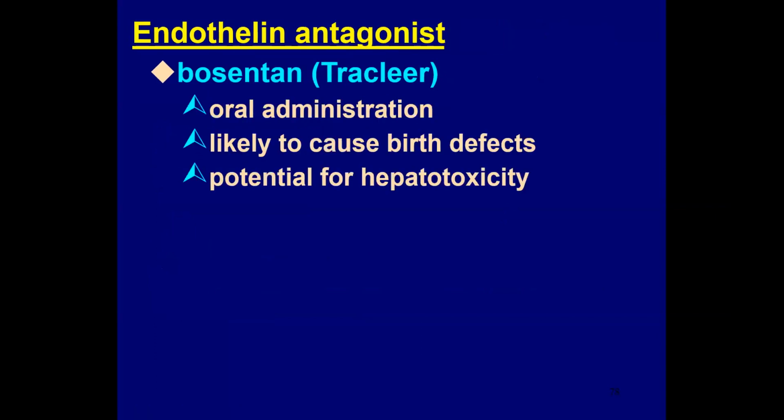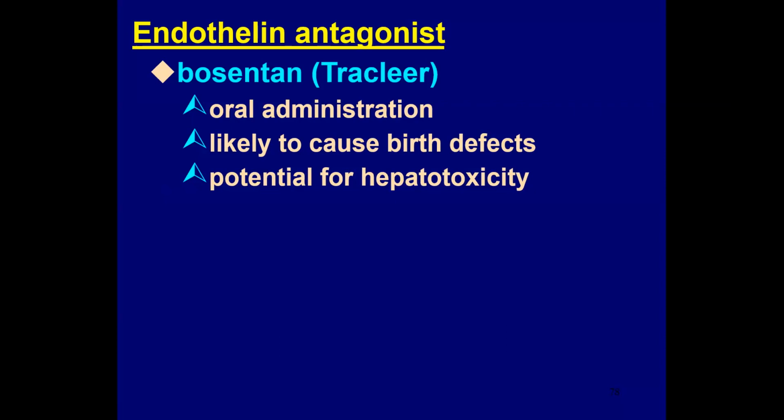Then there are the endothelin antagonists, and this one, bosentan or Tracleer. This is a very good drug. I looked more recently into the research on this. As of 2022, it is administered orally, which is a big deal. It will cause birth defects.